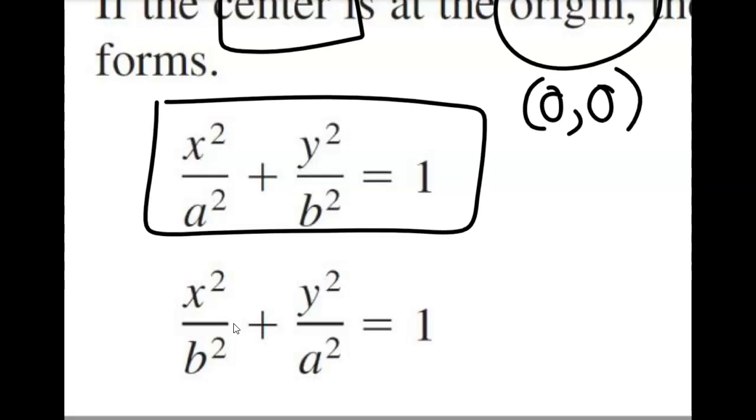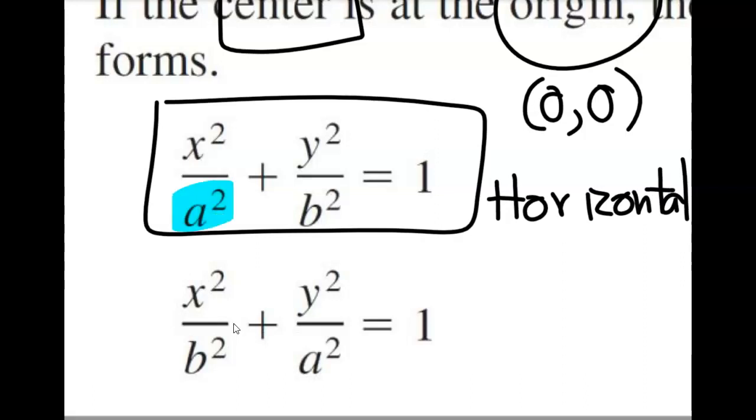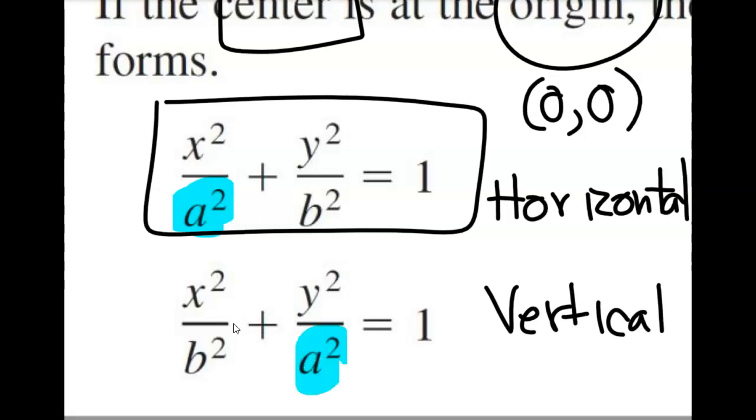And this will be a horizontal ellipse because the a squared is below the x squared. And the one here will be a vertical one because the a squared is with the y squared.